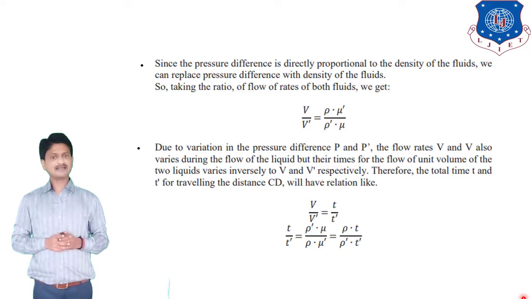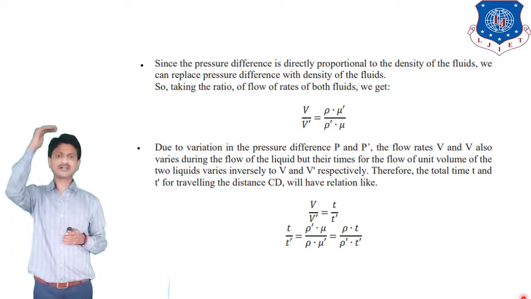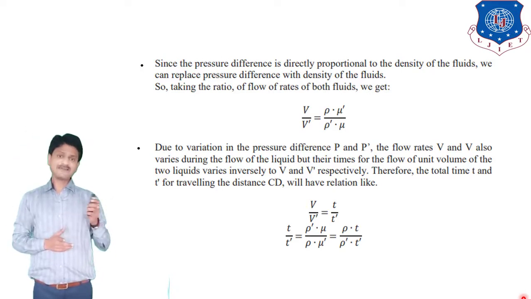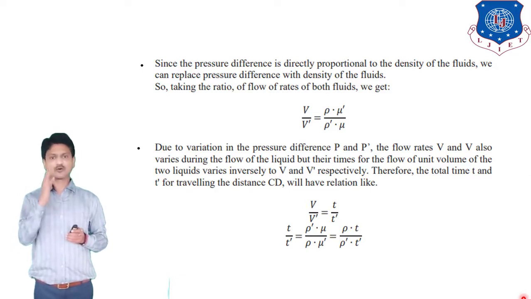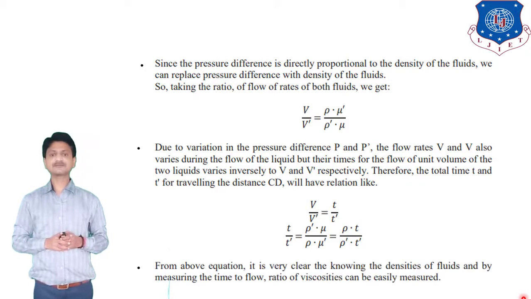So finally, we can replace the above equation of V by V dash here. So finally, we have T by T dash equals rho dash mu upon rho into mu dash.